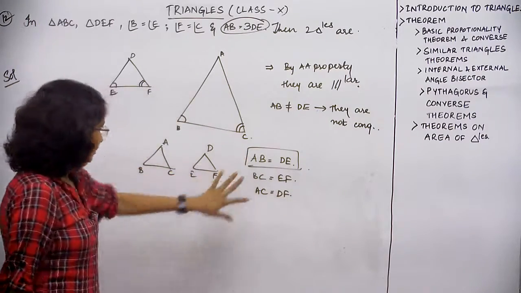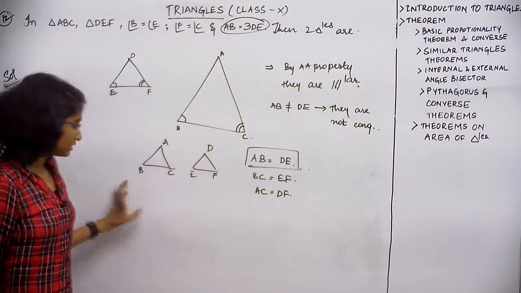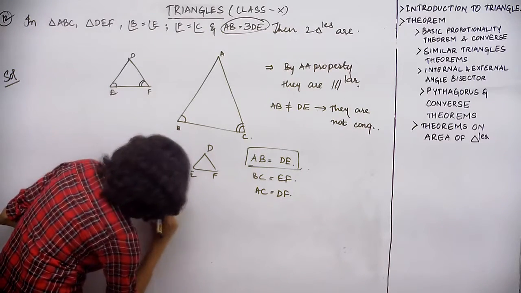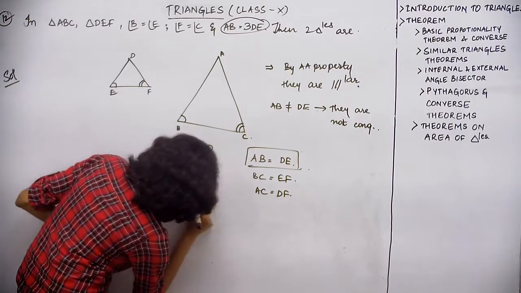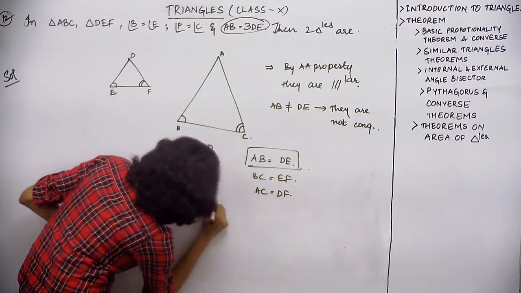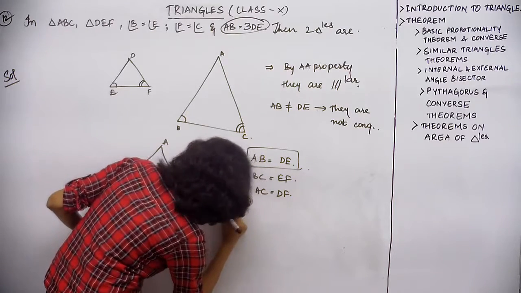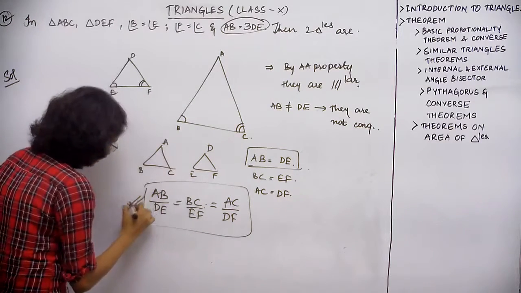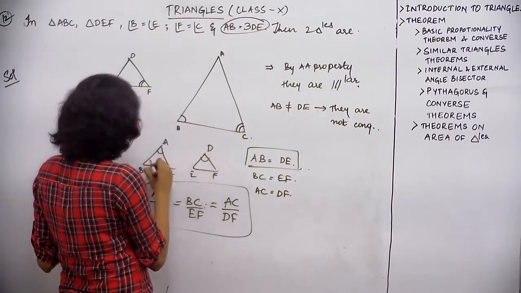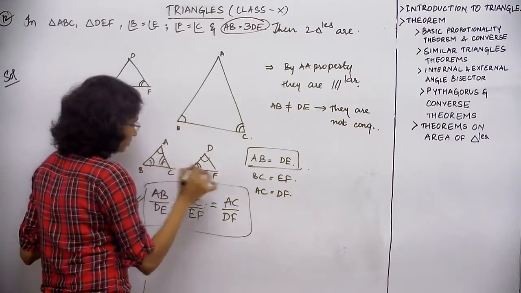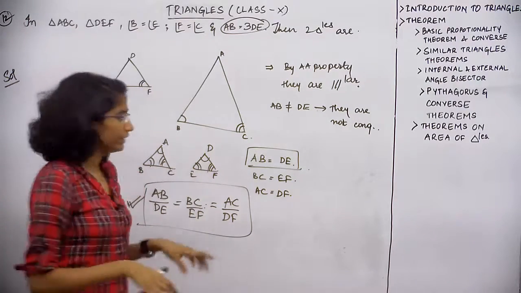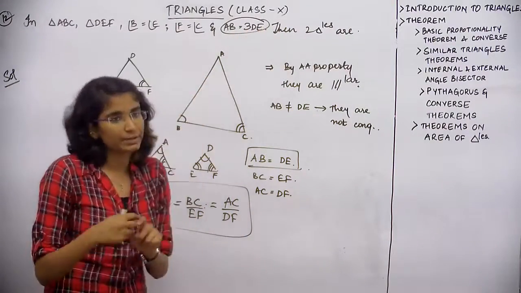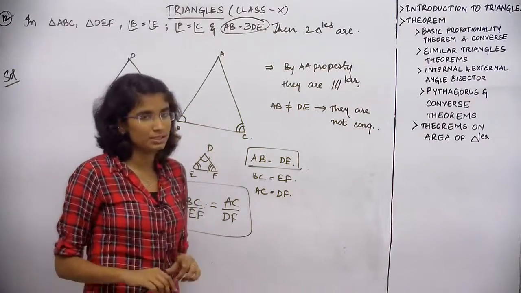But for them to be similar, the angles being equal is just one of the conditions. For two triangles to be congruent, they should have their sides equal. But in this particular case, AB is equal to 3 times DE. So these two are just similar and not congruent.